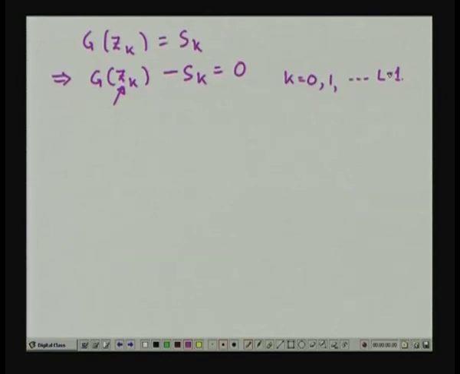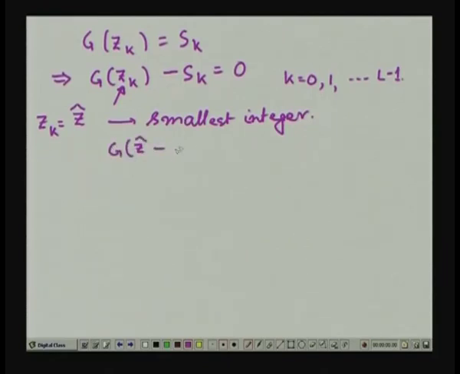The closest solution can be that we initialize z_k to a value, say z hat, for every value of k, where z hat is the smallest integer which satisfies G(z hat) minus s_k greater than or equal to 0.